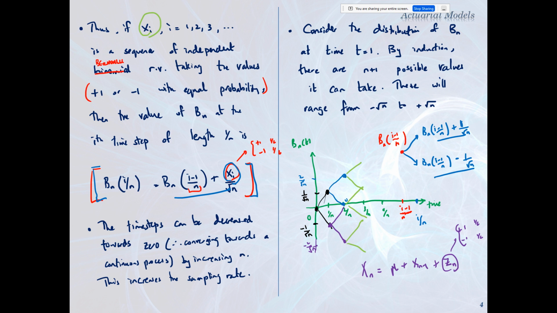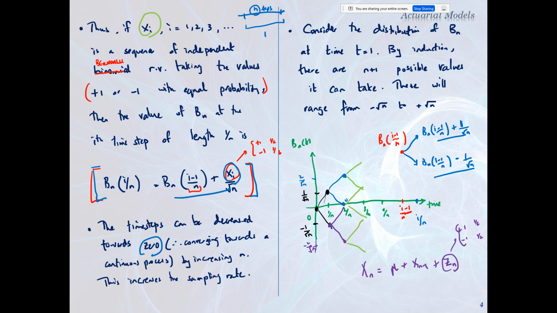So the time steps may be decreased towards 0. Our aim here is to make that random walk converge to a continuous time model. We know that the random walk is defined as a discrete time model, so we want this to converge towards a continuous process. So how do we do that? Let's say, for example, in an interval of 1 unit of time, I have n time steps here.